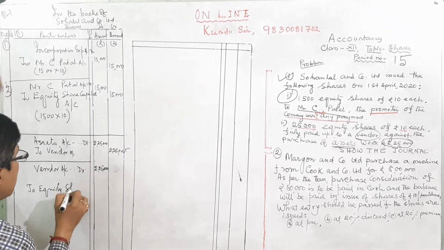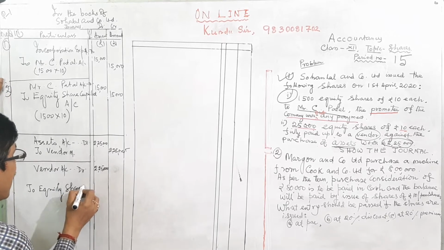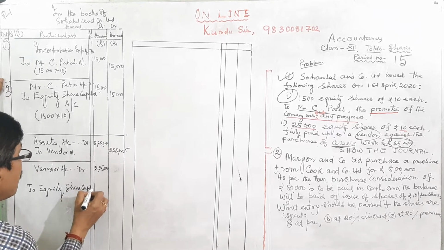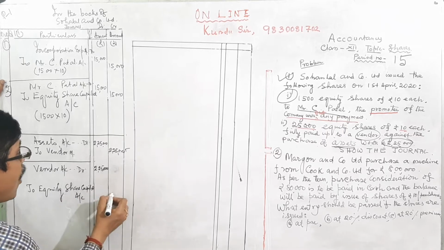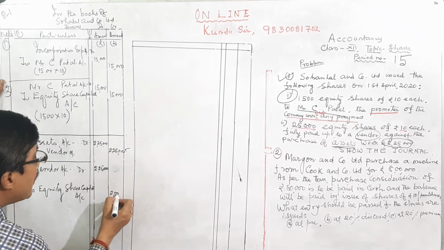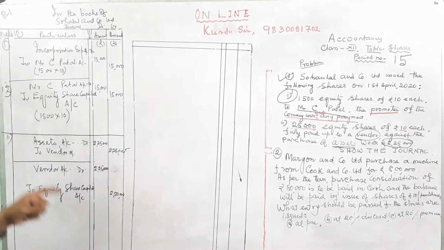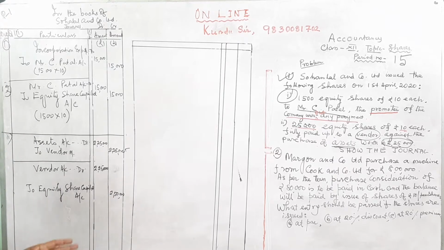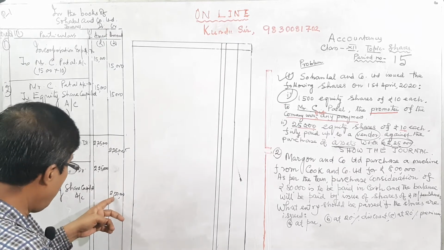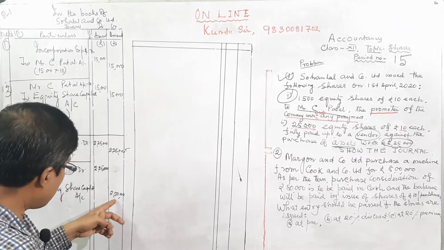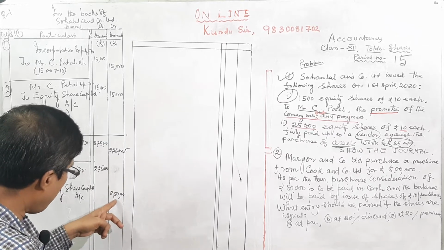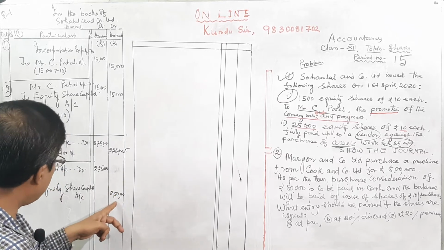Share capital account, we are giving how much? 2,50,000. That means we are issuing the shares at a discount. We are giving a discount of 10%. The 10% of 2,50,000 is 25,000.